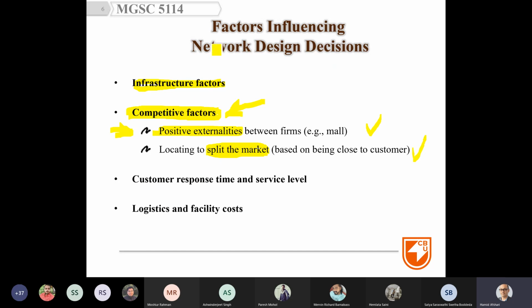Okay, next factors that influence network design is customer response time and service level. So any idea about that? When a company decides to be responsive, should they be worried about response time and service level or not?